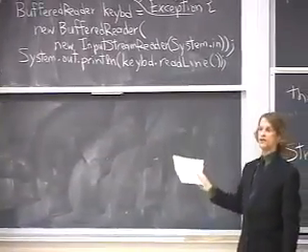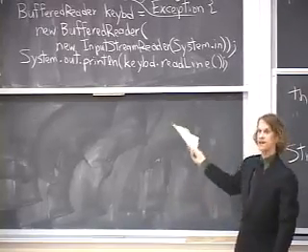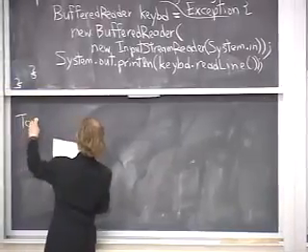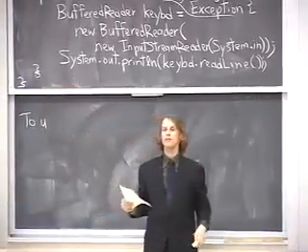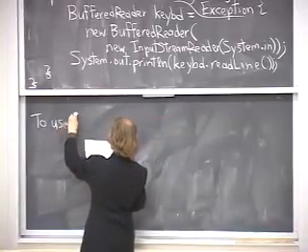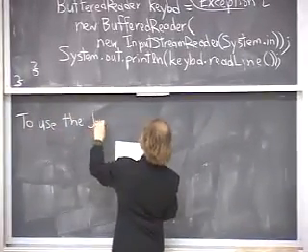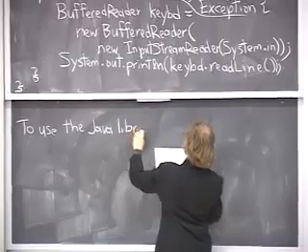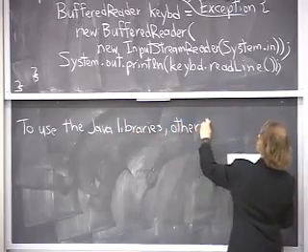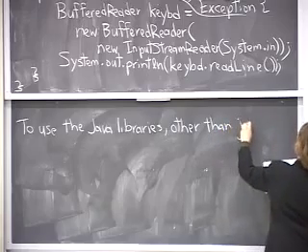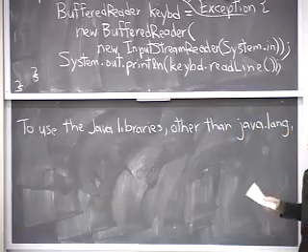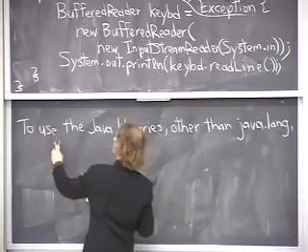Well, let me write down a few things about a few of the lines, and then I'll try to do that. So first of all, let's look at the first line, import java.star. It's a fact that if you want to use any built-in Java library, with one exception, java.lang, which is included automatically, then you need to import those libraries.